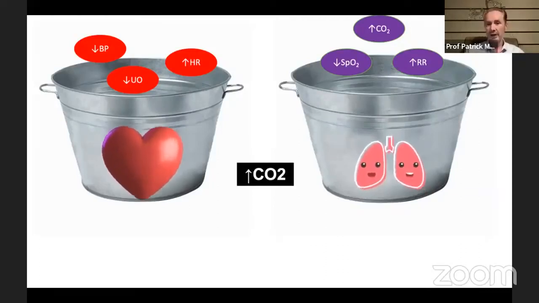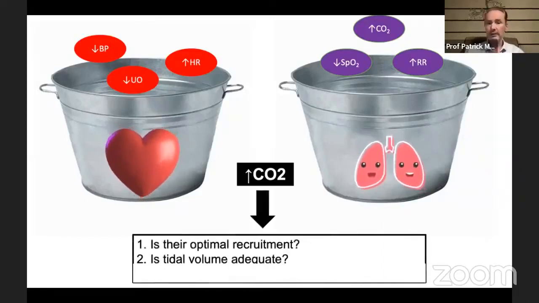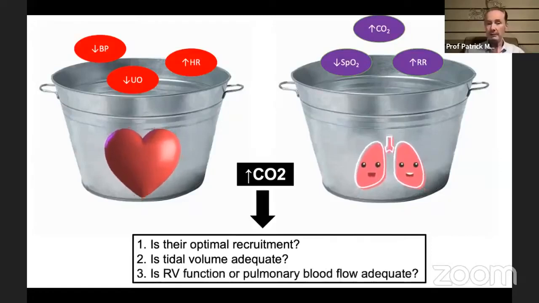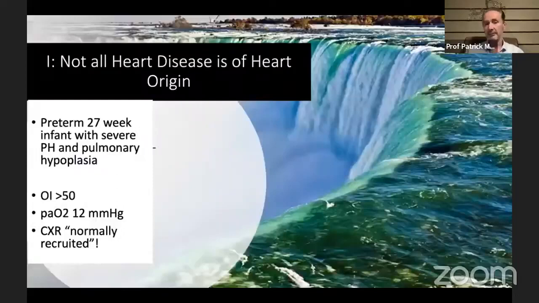They rush to change the ventilator. We need to increase the rate. We need to increase the mean airway pressure. However, the causes of hypercapnia don't just relate to optimal lung recruitment or tidal volume. If your right ventricle is not contracting and there's very little pulmonary blood flow, you will have hypercapnia.